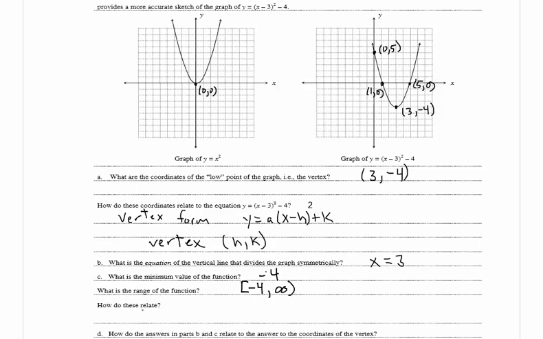And it asks, how do these relate? We can say that the minimum value is used as an endpoint of the range.